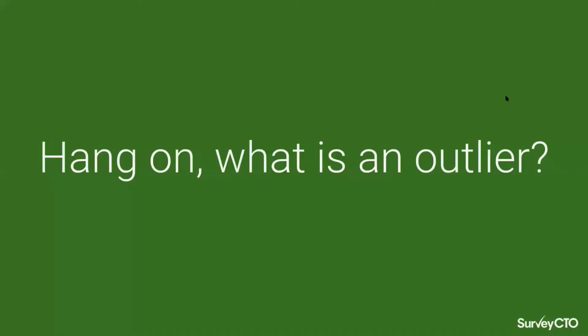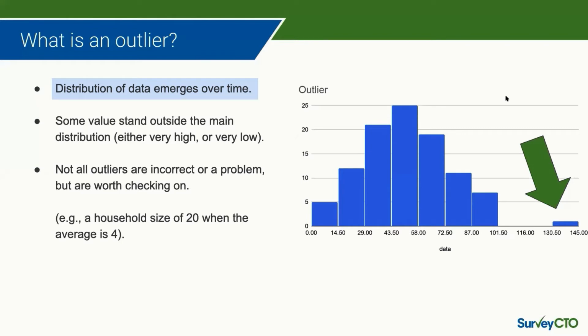But hang on, what is an outlier? Well, let's just clarify this for the sake of our webinar. Over time, after collecting enough data, a distribution emerges with more frequent and less frequent values. This data won't always be normally distributed in the way that you can see in this graph. Some values will stand outside the distribution, so they might be very low or very high.